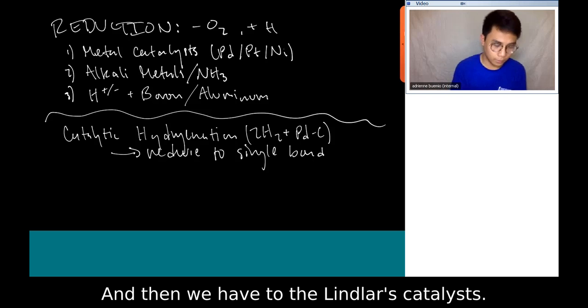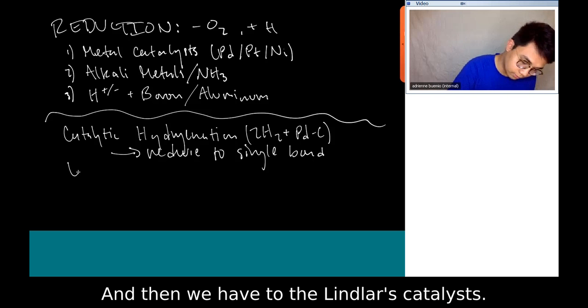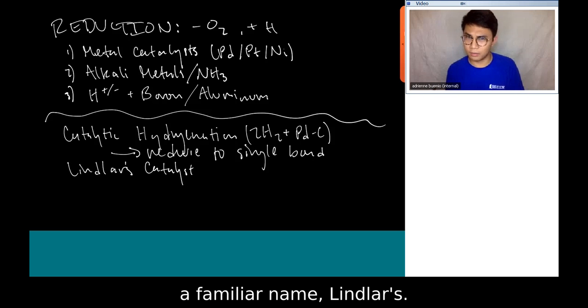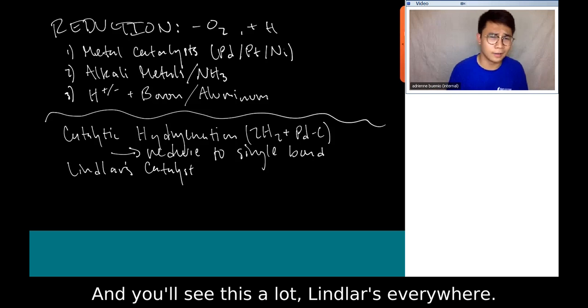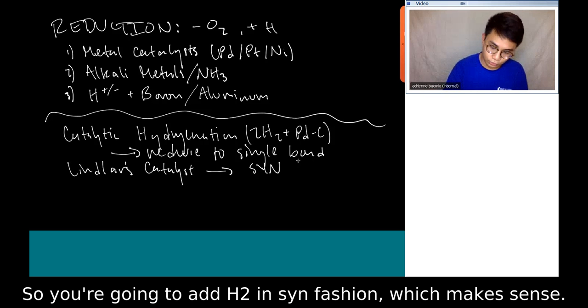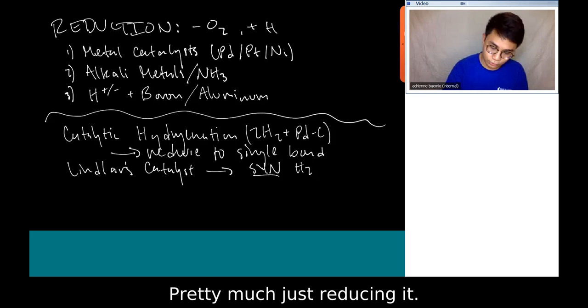Okay, hopefully I have enough room. I should. And then we have the Lindlar's catalyst. This one's always the easiest one because it has a familiar name, right? Lindlar's, and you'll see this a lot. Lindlar's everywhere, right? So Lindlar's and syn H2, so you're going to add H2 in syn fashion, right? Which makes sense. Pretty much just reducing it.